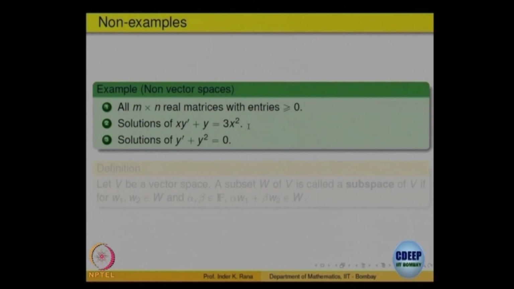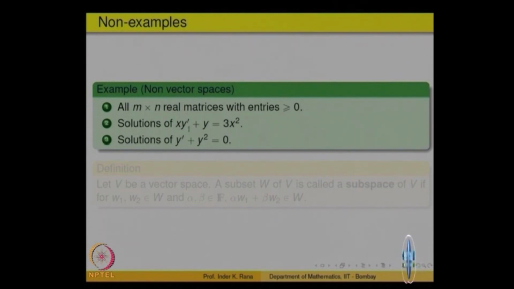For example, look at solutions of x y dash plus y equal to 3x square. If I take y1 and y2 to be solutions of this differential equation, that means x y1 dash plus y1 is equal to 3x square, and y2 is another solution, so x y2 dash plus y2 is equal to 3x square. Can I say y1 plus y2 also satisfies this?